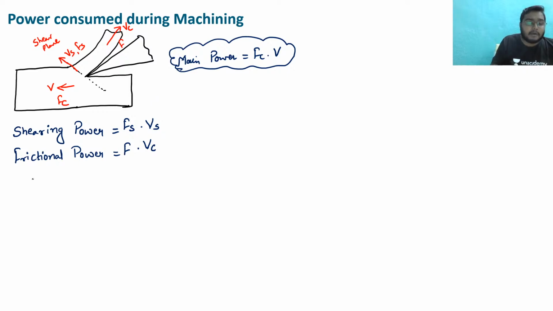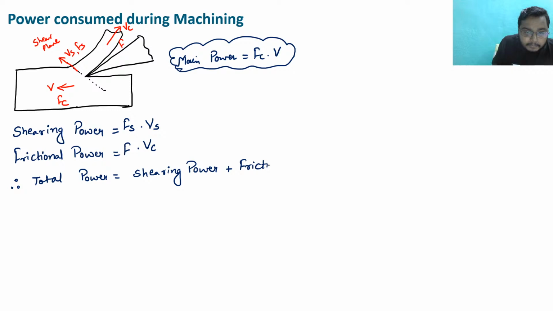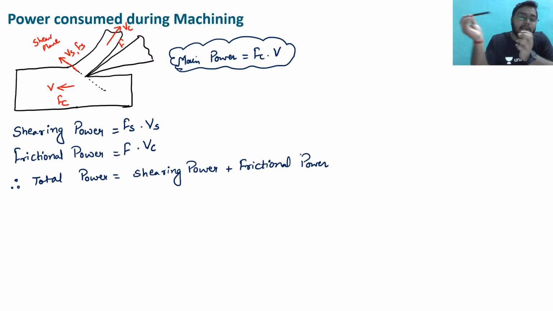So if I write that, the total power is going to be equal to shearing power plus frictional power. When you give the cutting force, the main power is being given by you to the machine element.